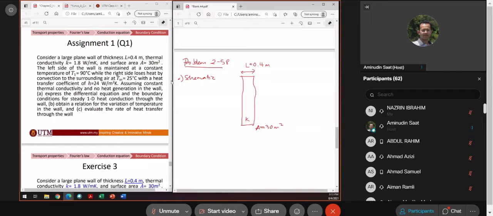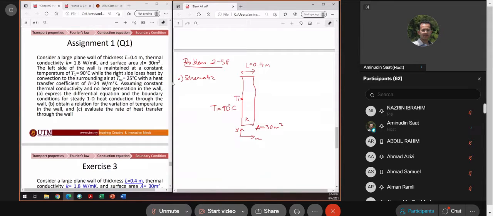Okay, the left side of the wall is maintained at a constant temperature T1. So if this is your Y, X, the left side here is your T1, equal to 90 degrees Celsius, while the right side loses heat by convection to surrounding air at 25 degrees Celsius.